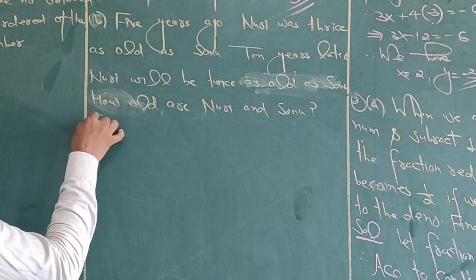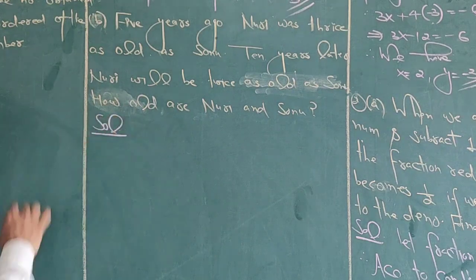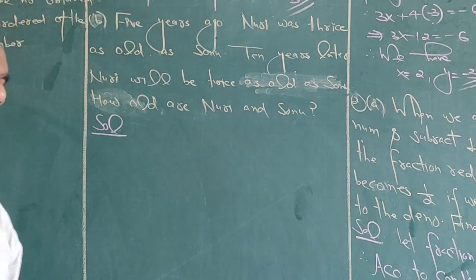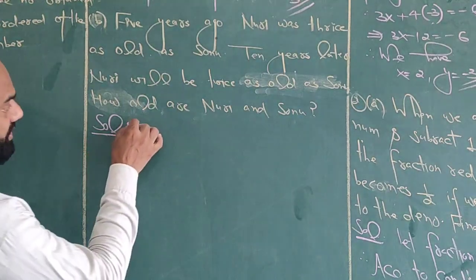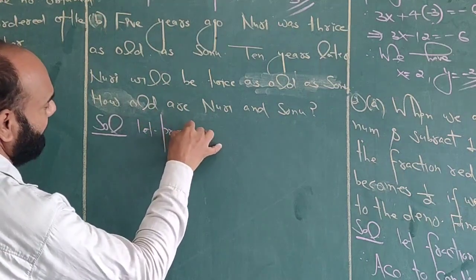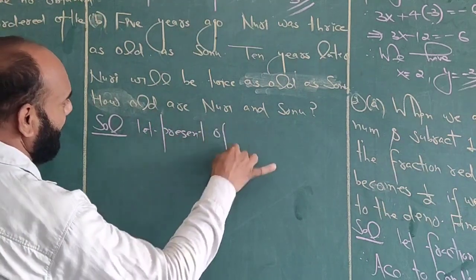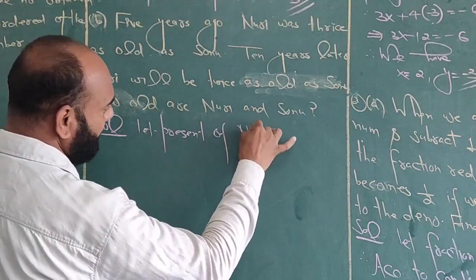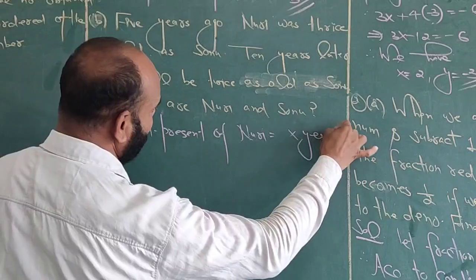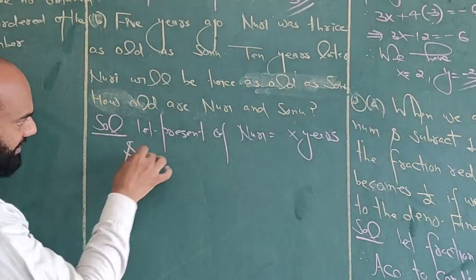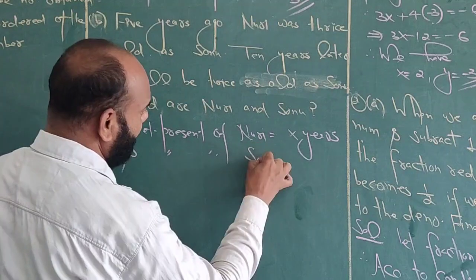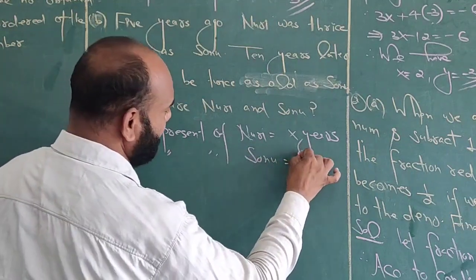To solve this question, first of all, let the present age of Nuri be x years and the present age of Sonu be y years.